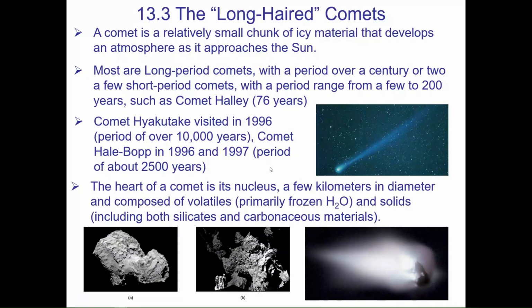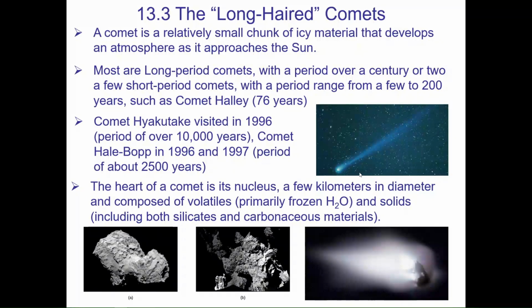Comets are very beautiful due to their long hair. And comets, similar to asteroids, are also very small objects in the solar system. The difference is that comets usually have a larger percentage of icy material.